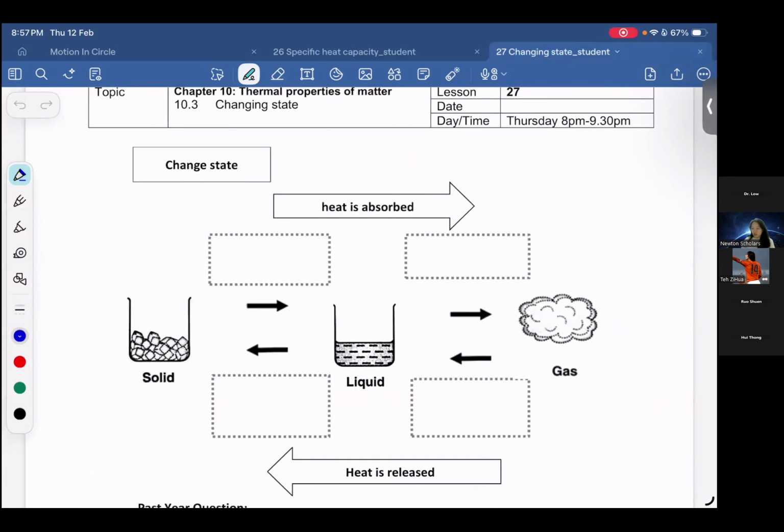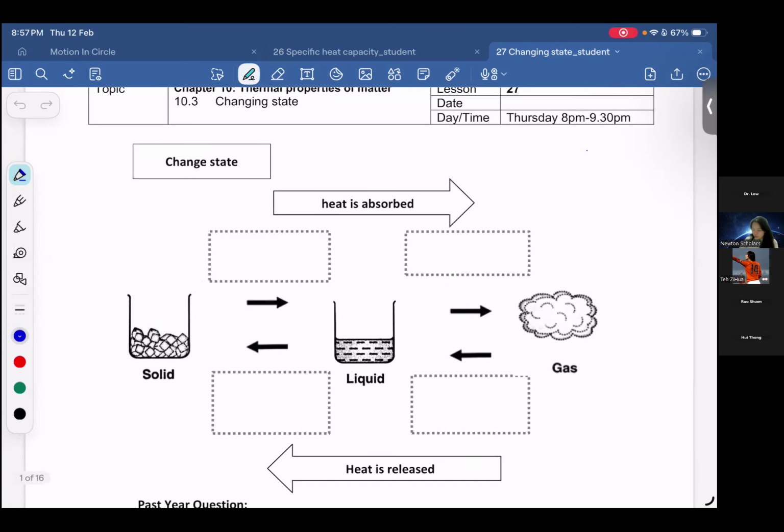We come to lesson 27, changing state. Just now, specific heat capacity was about changing temperature. So I want to tell you that when we supply thermal energy, it has two possible uses. One is to increase or decrease the temperature.